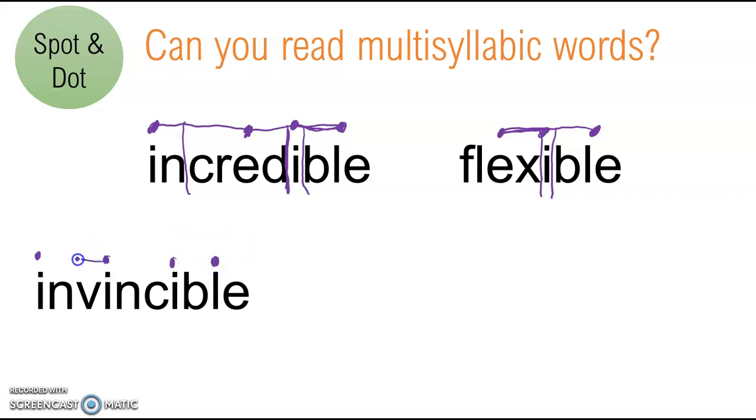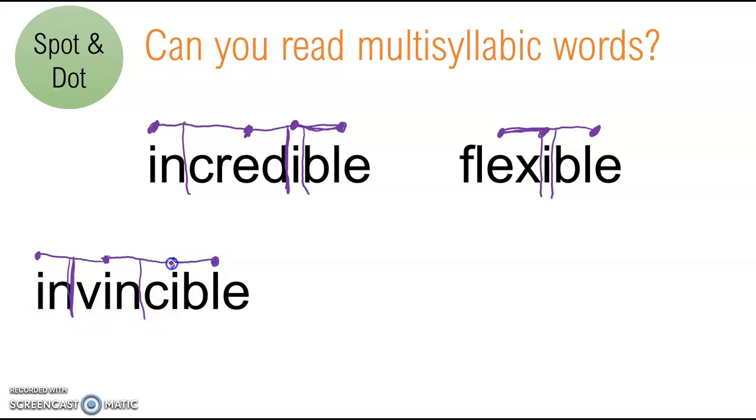Okay, first partitioning line is between the N and the V. So you have N. Next partitioning line is going to go between the N and the C. So you have N, then.